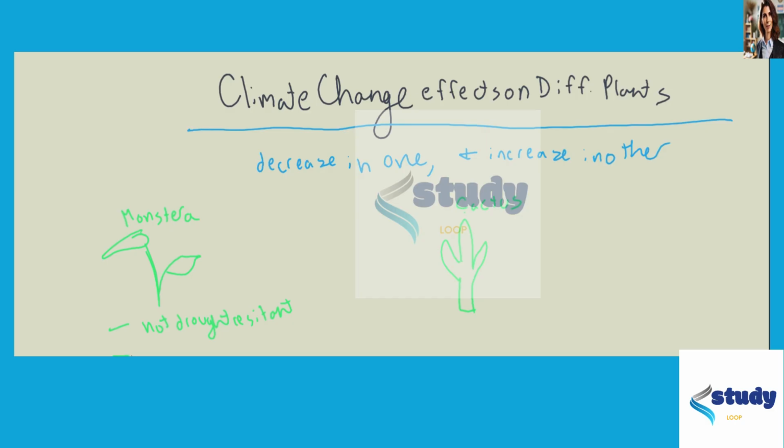And it likes cold. And over here, we're going to have one that's drought resistant. As I was saying, these are both actually plants that like high temperatures. This is a saguaro, by the way. That's what I drew. Next up, likes hot.